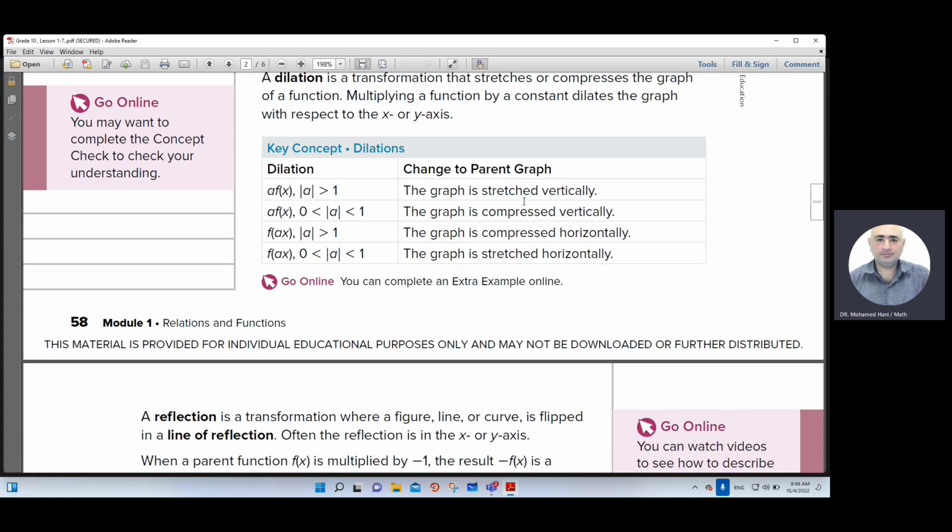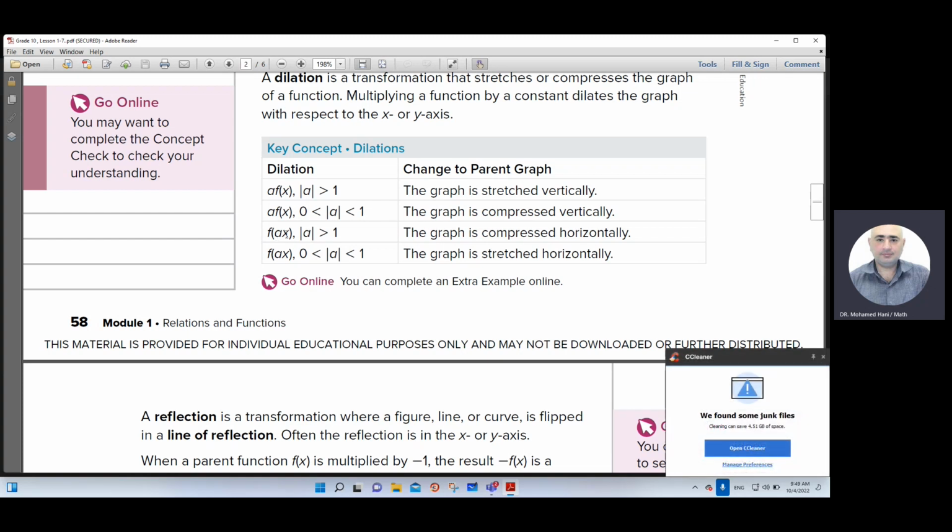Stretched means bigger, stretched vertically. When the value of a is between 0 and 1, we have compressed. Compressed means smaller, vertically. So if you have a f(x), the dilation will be vertical, stretched or compressed.